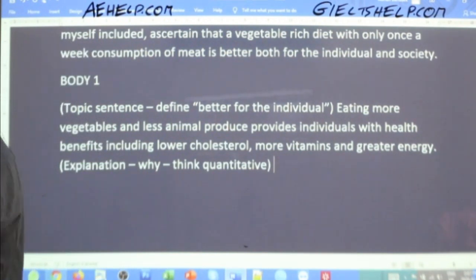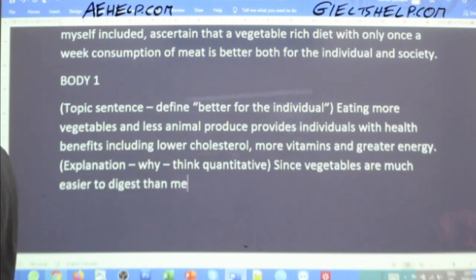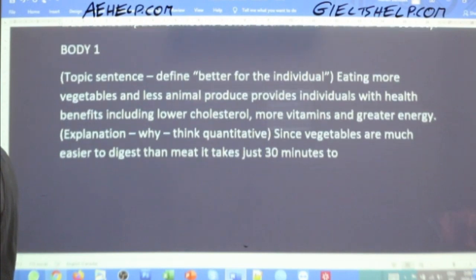So, I'm going to take exactly what you wrote. Since vegetables are much easier to digest than meat, it takes just 30 minutes to process.